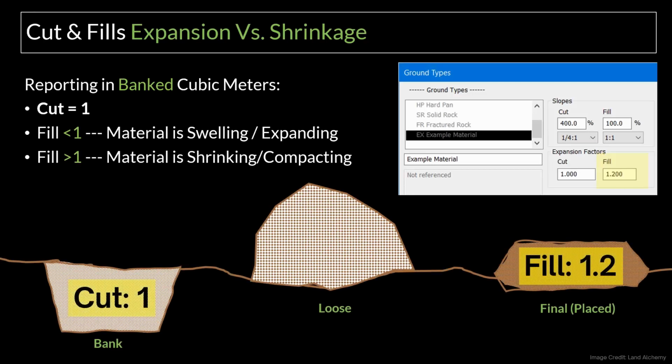For that, our fill factor is going to be a value that's greater than 1. So here, if we relate that back to putting that material back in the hole, as we're filling in that hole, we run out of material before we get to the top of the hole that we've dug, and we realize we could fit 20% more material in there. So that's where that fill factor of 1.2 comes from.